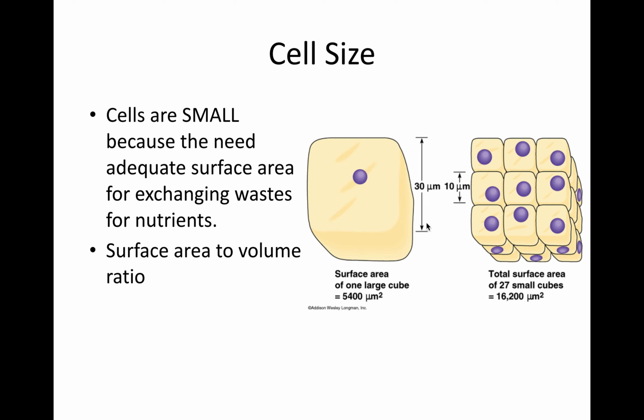And the cell might die. But over here, something can get to the nucleus a lot quicker because the surface area to volume ratio is a lot bigger, okay? There's a lot more surface to absorb things versus a huge one.